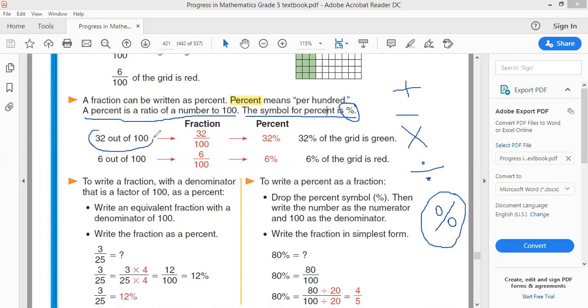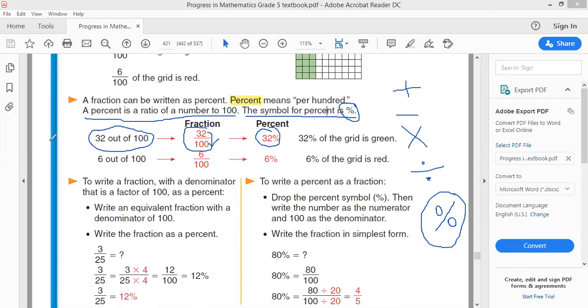32 out of 100 means in a fraction we can write 32 over 100, and in percentage we can say 32%. Because of this denominator 100. When the denominator is not 100, we cannot say it's 32%.